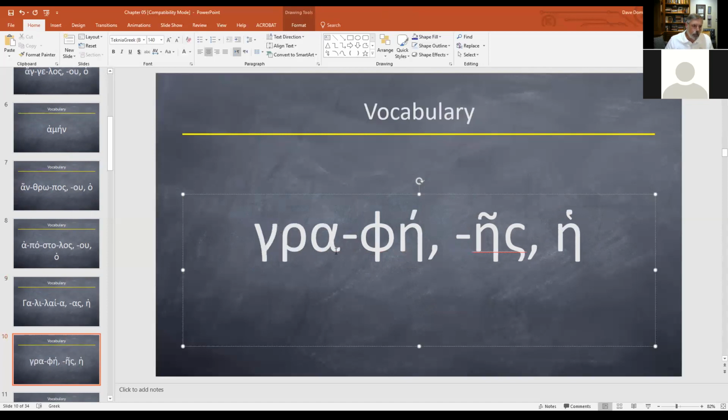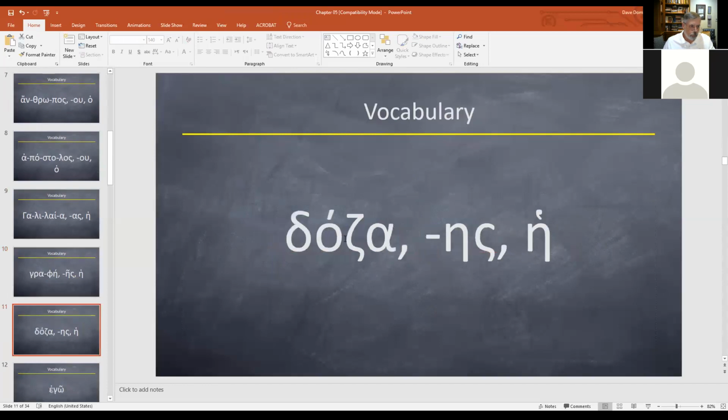This is gra, fe. The accent is over the last syllable, so it's grafe. What does grafe sound like to you? Well, you can see it means writing in scriptures. Grafe would be the writer or the writings.